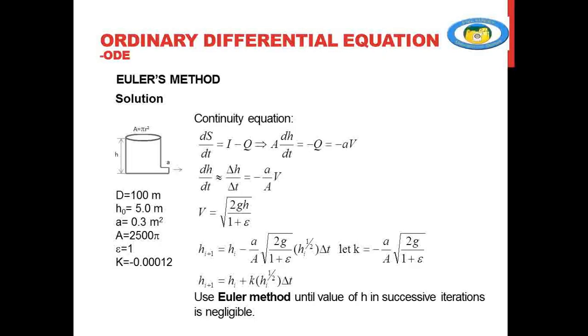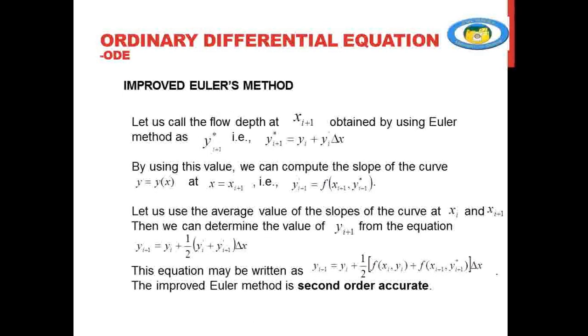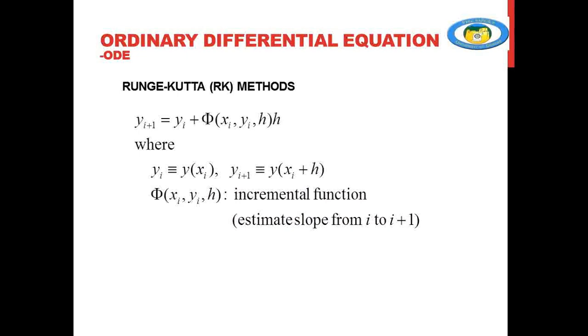Now the other form is the Runge-Kutta method. This is relatively a more general form of Euler's method, I would say. So you can say here phi, a function of xi, yi, and the step size h, is an incremental function.